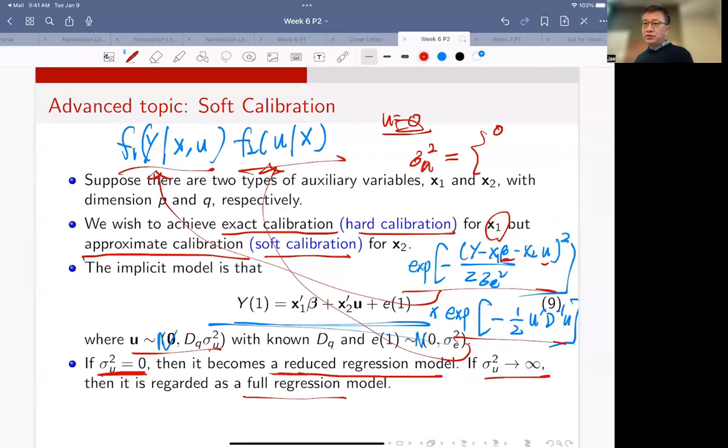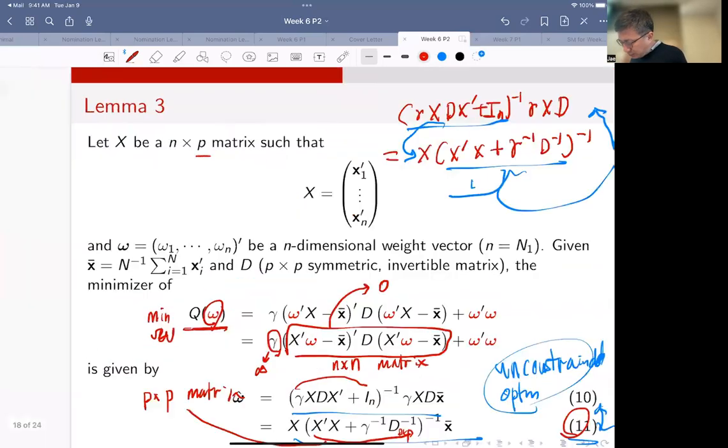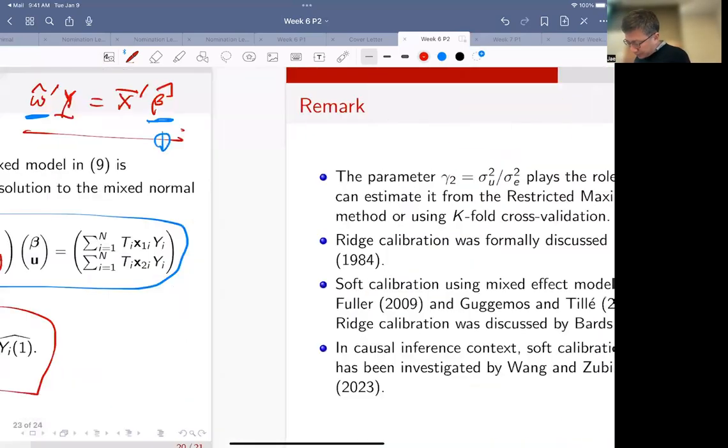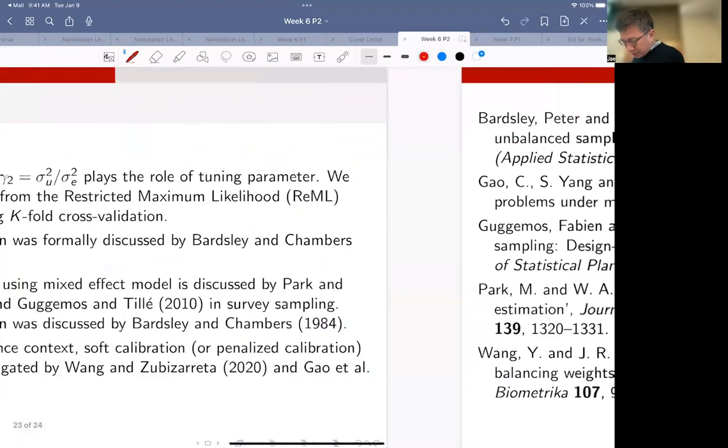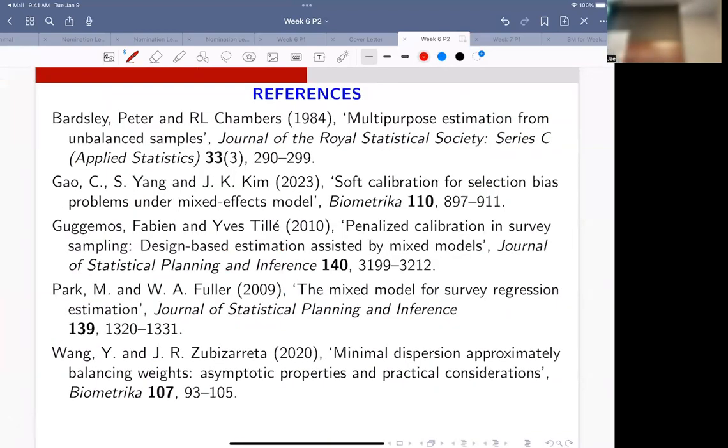But nowadays, if you want to write a paper, you have to know this. For example, soft calibration, published in Biometrika, very recent. These two papers are about soft calibration in the context of causal inference.